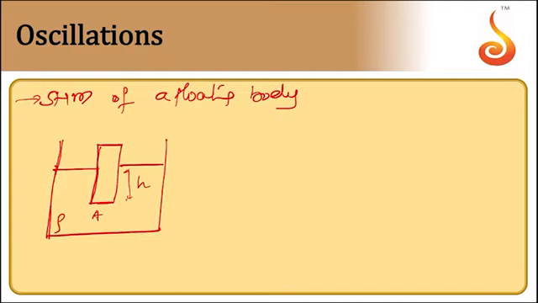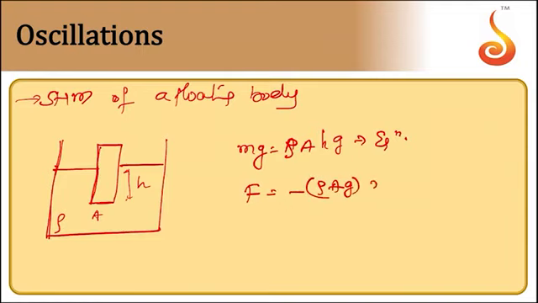Then the restoration is because of the thrust, and clearly mg is equal to rho A h g in equilibrium position, and the restoring force F happens to be minus rho into A into g into x. That's right. So this is nothing but volume into density is mass m, and that gives you the time period as 2 pi root h divided by g. So if h is the depth of immersion in the equilibrium, then the time period is given by this equation.